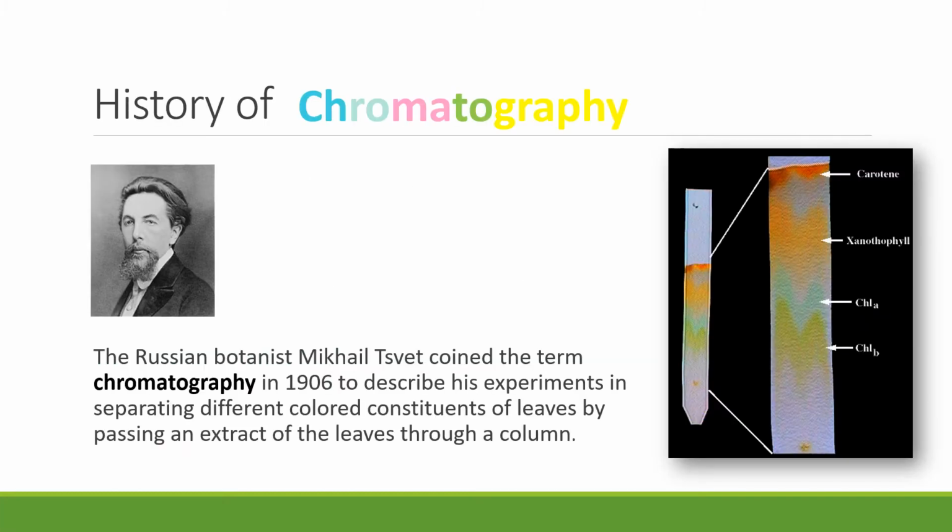The first thing: chromatography is basically a group of methods for separating a mixture of substances into their individual components. Even though this Russian botanist coined the phrase chromatography, and that's pretty firmly established, we no longer really separate substances according to their colors, as early scientists used to.